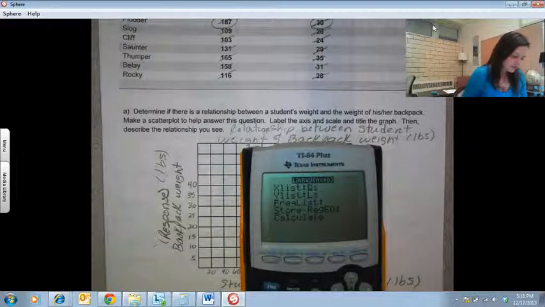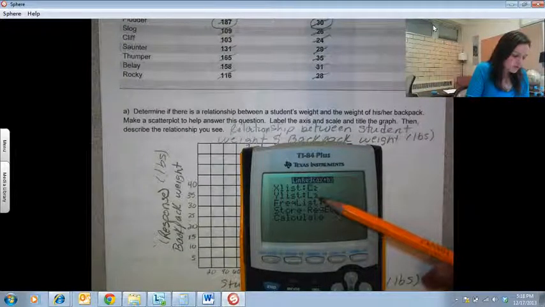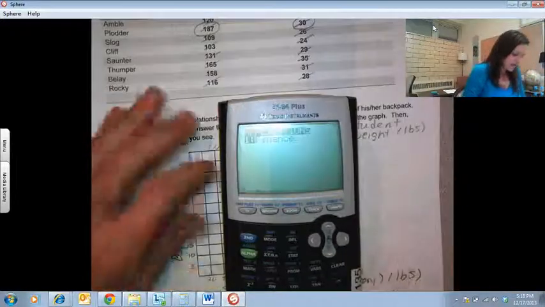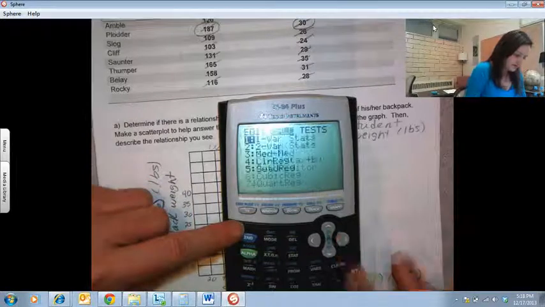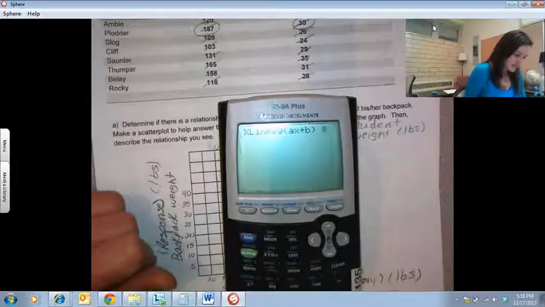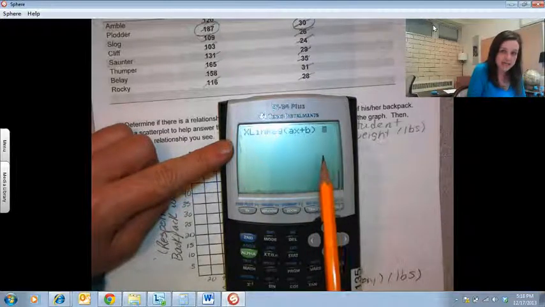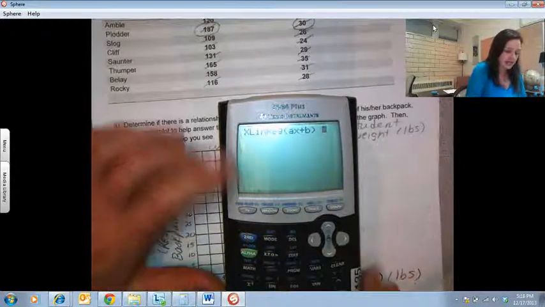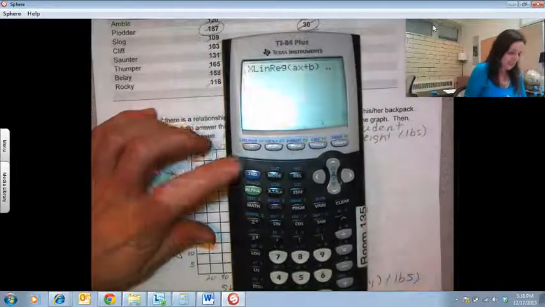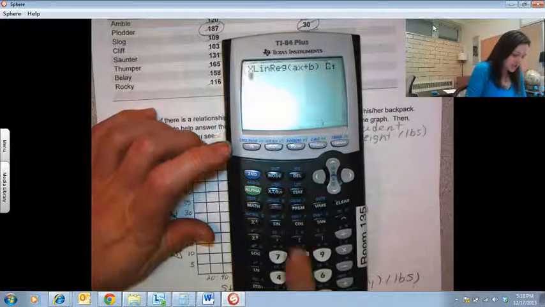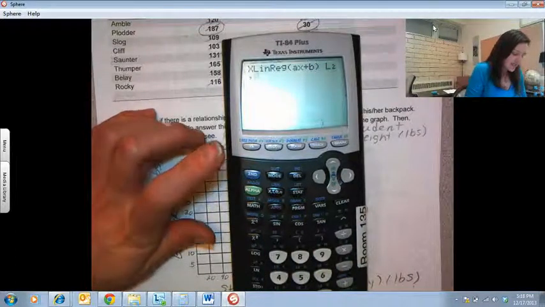So I put my stuff into L2 and L3. Some of you have a calculator that at this point is going to ask you this question here. And it's going to bring it up like this, in which case you're going to have to type in list 2 and list 3 by doing second 2, comma, second 3.